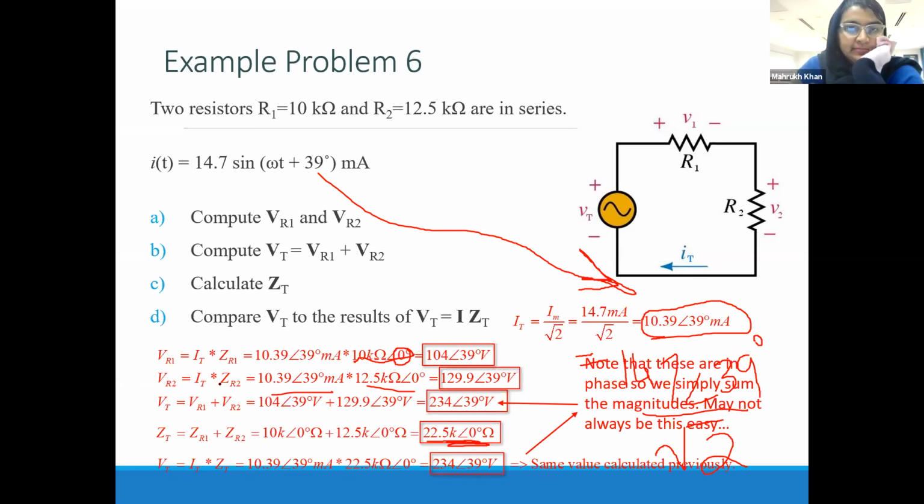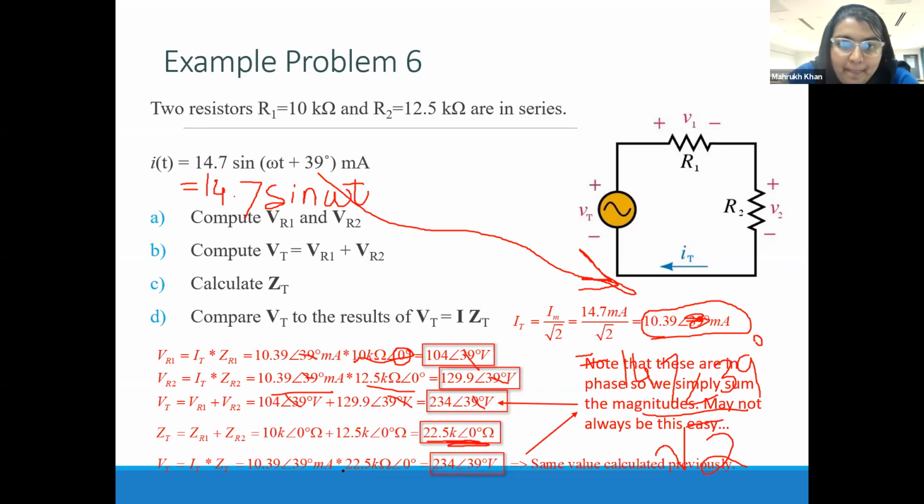So if this is 14.7 sine omega t, then you just don't have to write this 39, because this 39 is not there. You just will do 10.39. So it's just then 0 angle.